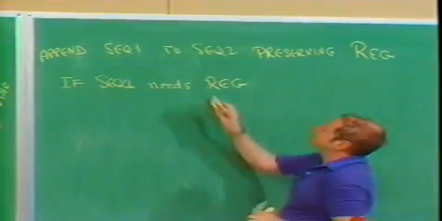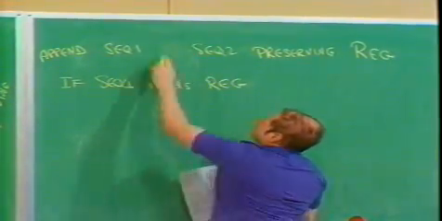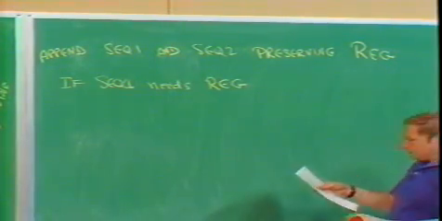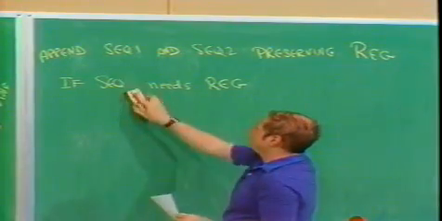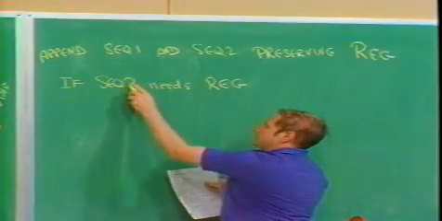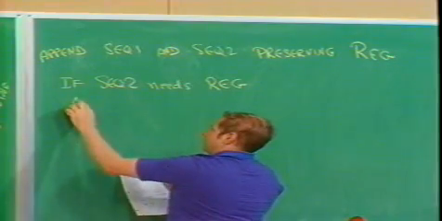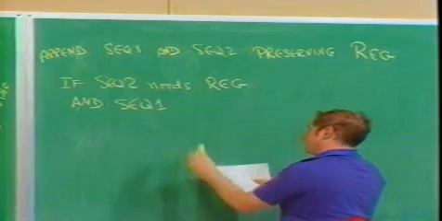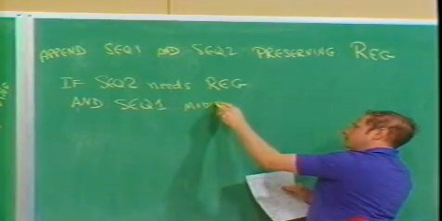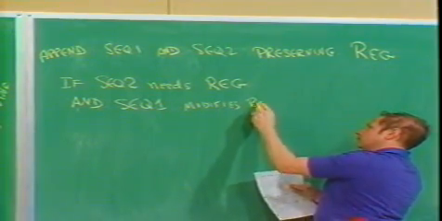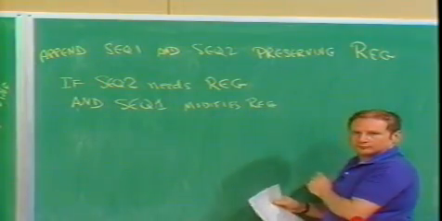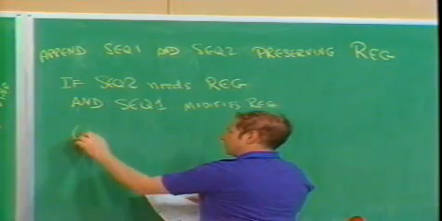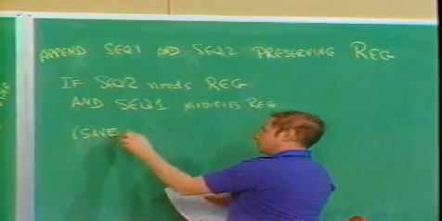Let me say and, so it's clear that sequence 1 comes first. So if sequence 2 needs the register and sequence 1 modifies the register, then the instructions that the compiler spits out are save the register.